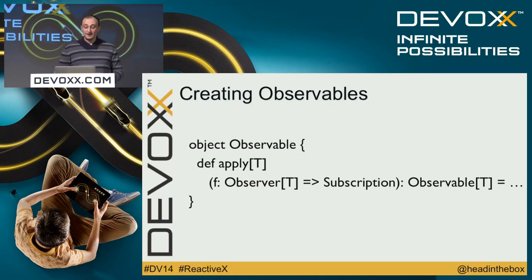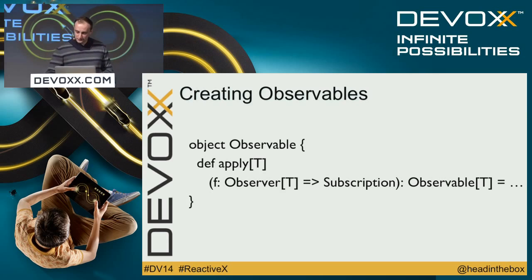But the basic idea of this factory method is that it takes a function which takes an observer and then returns a subscription. This is what we call the unsubscribe function. This function will be called every time a subscriber subscribes to the stream that is exposed by this observable.